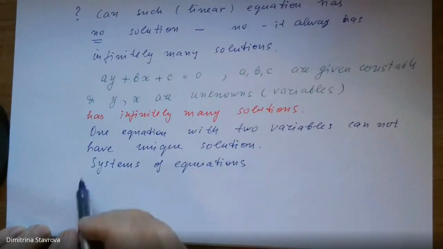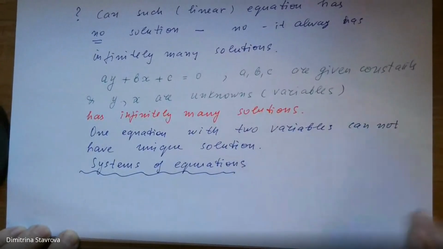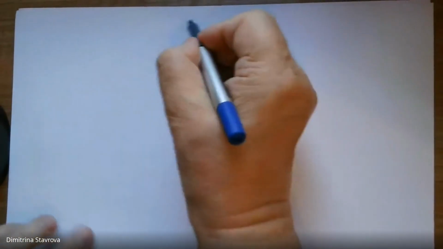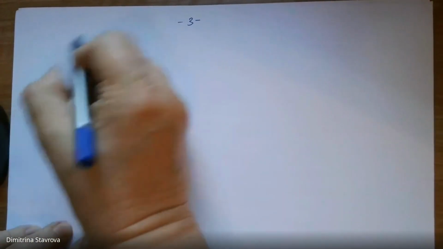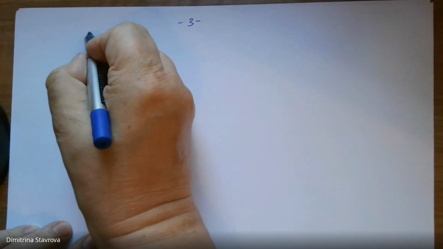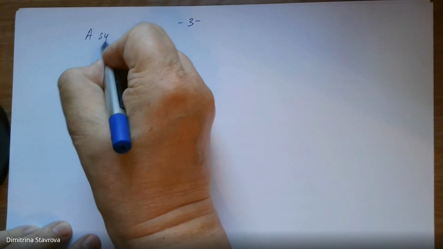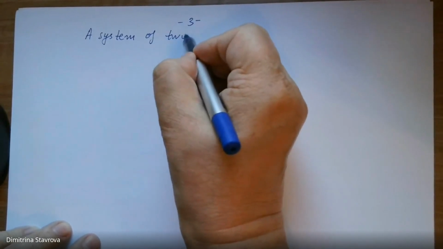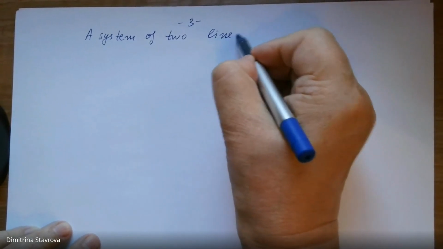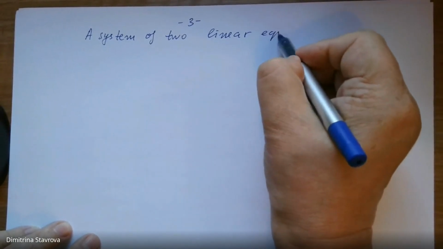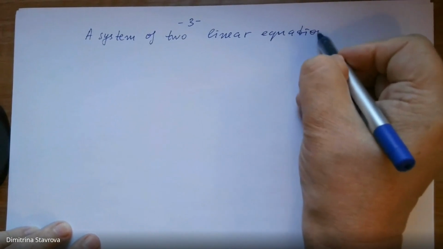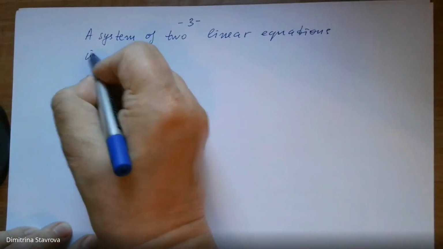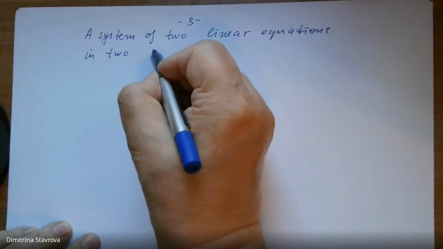And in particular, we might consider the following. So let's say a system of two linear equations in two unknowns.